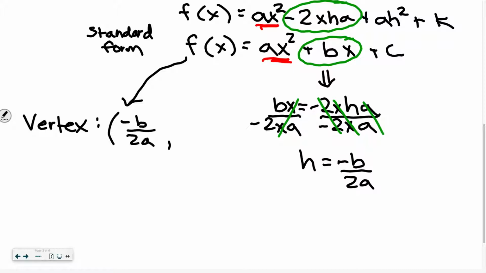So this is what I'll say for k. If you knew what x was in a function, how would you find y? If you knew x, how would you find y? Well, like what if I knew x was 5 in that function?